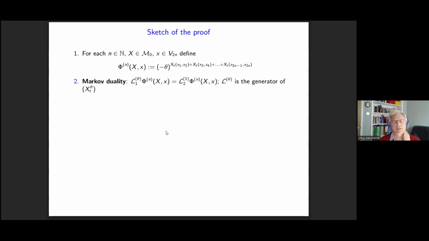It is quite straightforward. So let me construct the following function depending on two variables. One variable takes values in our space of counting measures, and x lowercase takes values in the simplex.